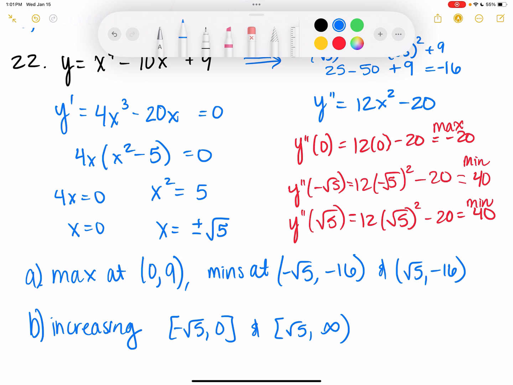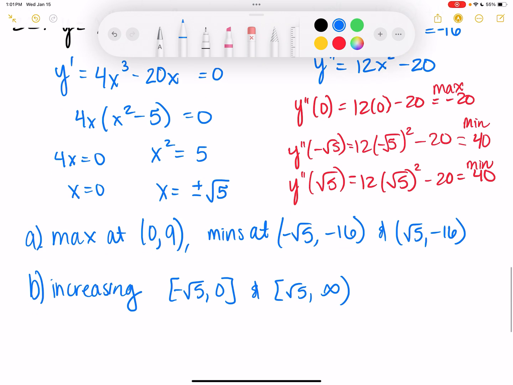So we're just basically determining at a min, then on the right side of the min values is where it's increasing. On the left side would be where it's decreasing for mins. So decreasing would be what?